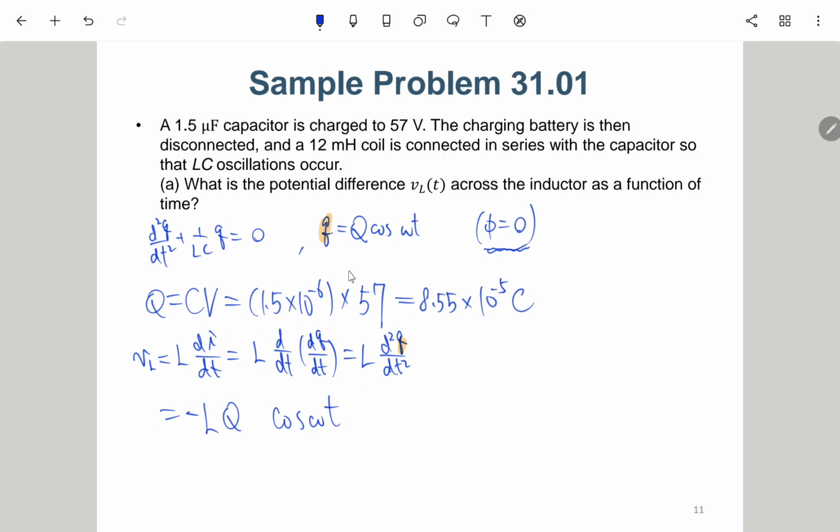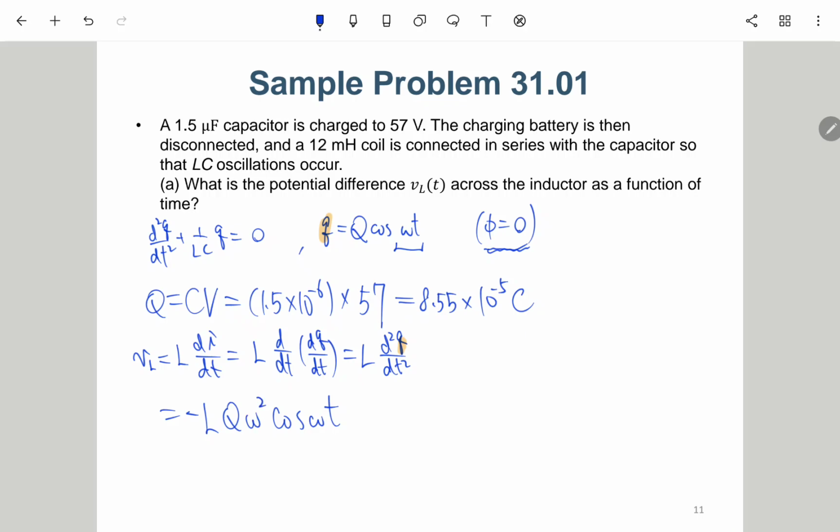And the last step is we still have the chain rule. For the chain rule, we need to take the derivative of this part, and since we take the second derivative, for the first derivative one omega comes out, and for the second derivative another omega comes out. So it becomes omega squared.